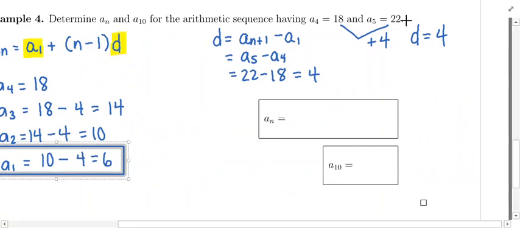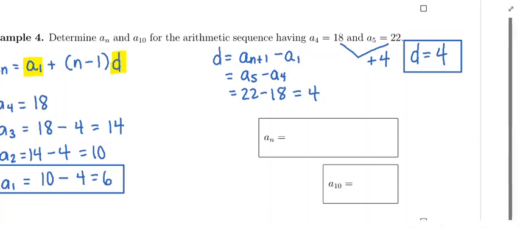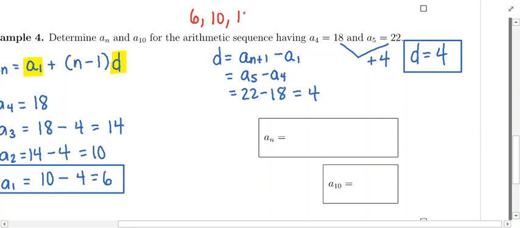If you just want to think about this for a second, it seems like everything is on the right track. If I wrote out the first few terms of the sequence, everything seems okay. The first term is 6, then 10, then 14. The 4th term is 18. The fifth term is 22, and so on. That seems right. Everything is falling into place. It's making sense.